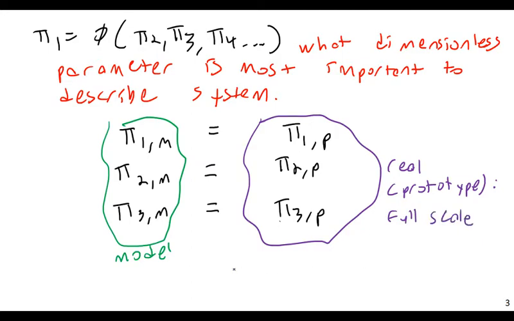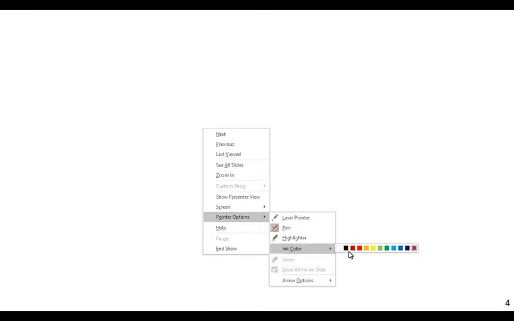Okay. Scale, what do I mean by scale? Well, scale is referring to separating variables. When we're looking at scale, we may need to separate out the individual pi terms, each variable.